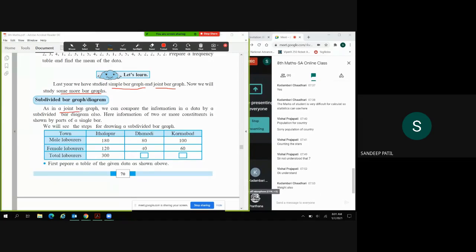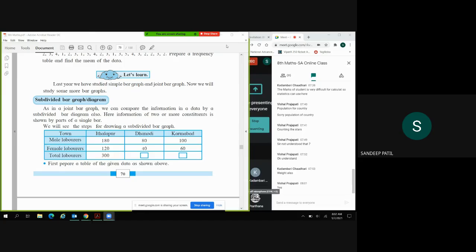As in joint bar graph, we can compare the information in data by subdivided bar graph also. Here, information of 2 or more constituents is shown by parts as a single bar. We will see the steps for drawing the subdivided bar graph.